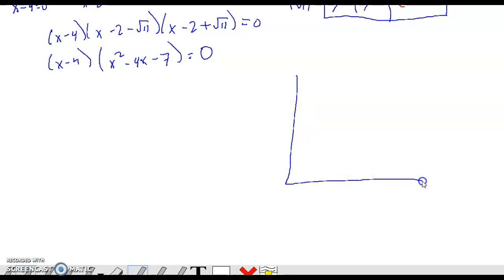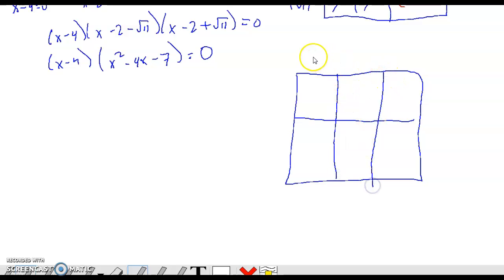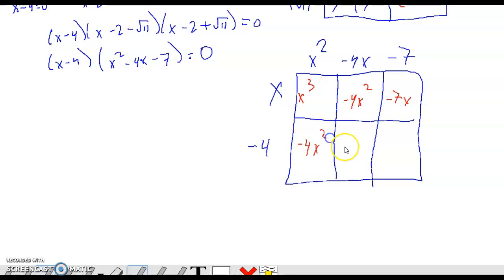So set up my area model. x minus 4, x squared minus 4x minus 7, x cubed, 16, and then positive 28.